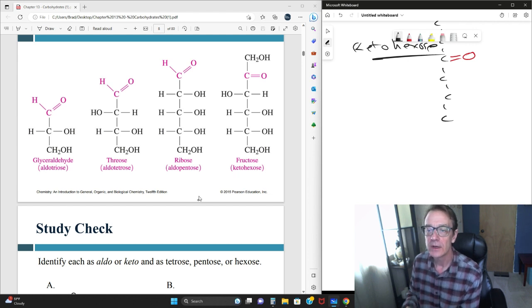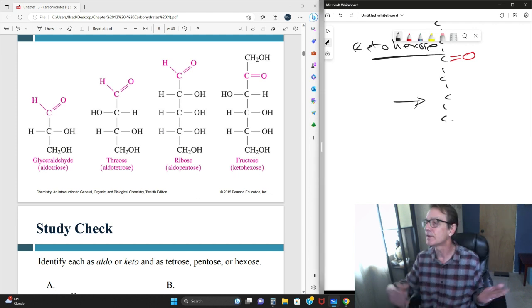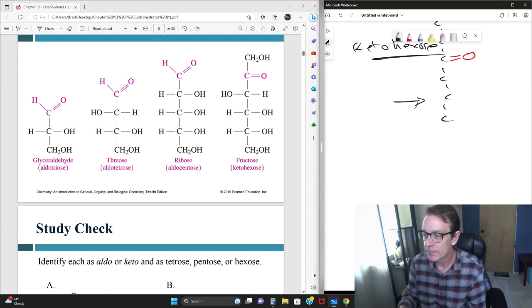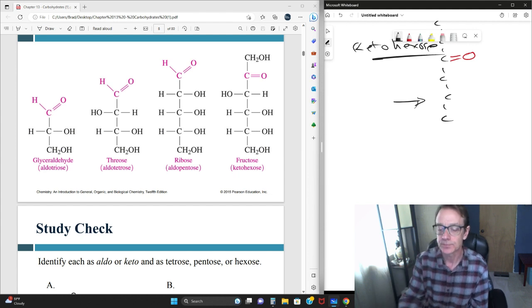Next one over, aldopentose. 1, 2, 3, 4, 5. 5 carbons with an aldehyde on the end. And a ketohexose, like the one I just drew, right? Over here is a ketohexose, of which fructose is an example of a ketohexose, a monosaccharide, 6 carbons, and a ketone.